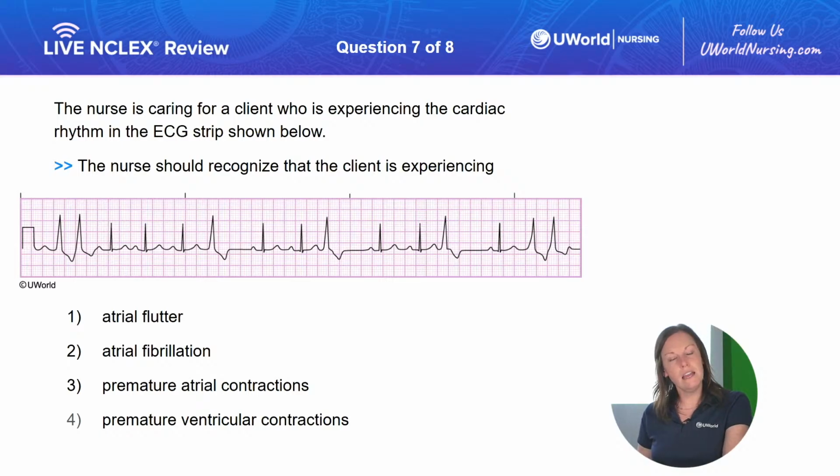If ECG strips are really tricky for you, which they should be tricky for everyone, they're not a super straightforward thing all the time. We do a great lecture on ECG strips, and we break down all of the ECG strips or dysrhythmias that are mentioned in the test plan. You probably know about the test plan, but essentially it's a blueprint for your NCLEX, and we really break down the ones that they call out.